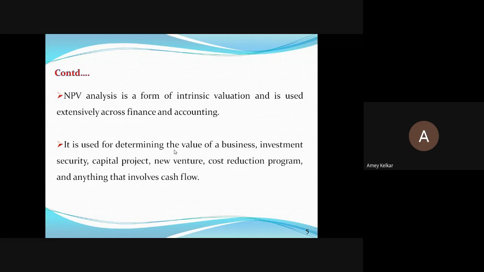It is used for determining the value of a business, investment, security, capital project, new venture, cost reduction program, and anything that involves cash. It's the simplest form of analysis which can give you a bigger picture. For example, if you want to make a valuation of a business, you can value that business.